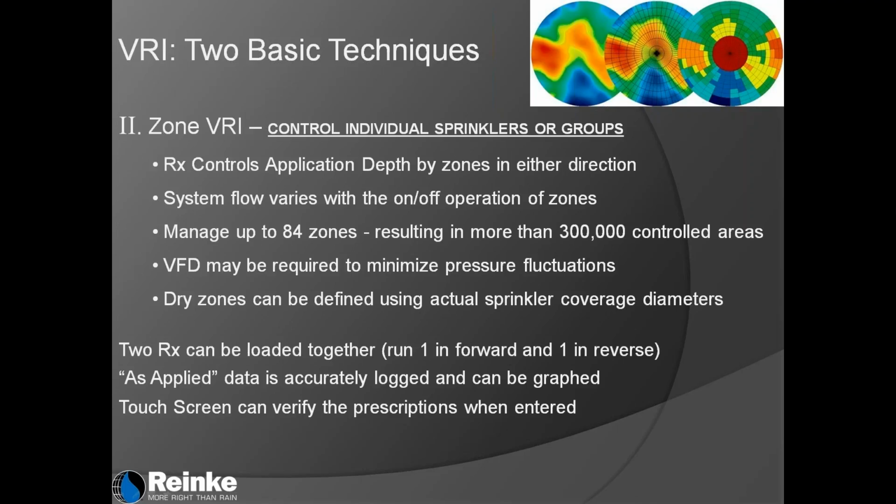With the dry zone, we have the ability to put in the sprinkler coverage diameters, so that when it reaches the radius away from that area, it shuts off, and not waiting until it's right up against the area. So that area will stay dry, and of course it does taper off the application up to that area, but in some cases that's what they want. So we have that ability as well.